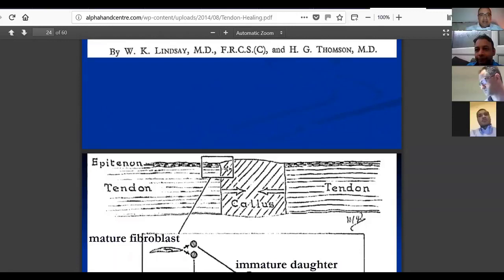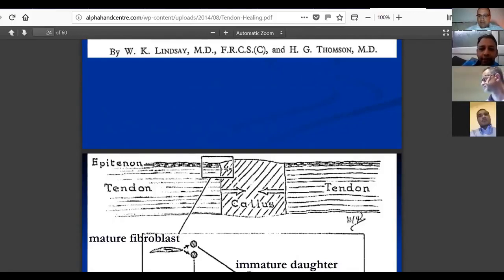It's like direct and indirect repair. And therefore, can we infer that intrinsic healing is better? Yes, intrinsic healing is better because you don't have much adhesions, and that's why we repair. If you have adhesions, that goes into extrinsic healing.